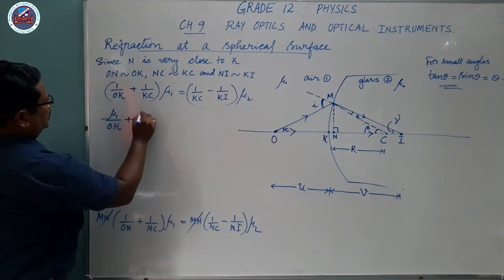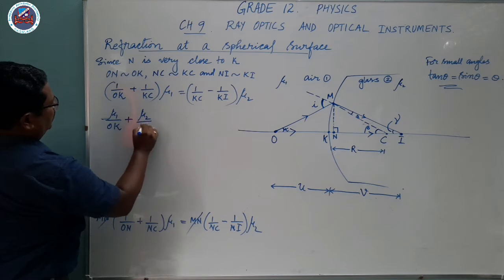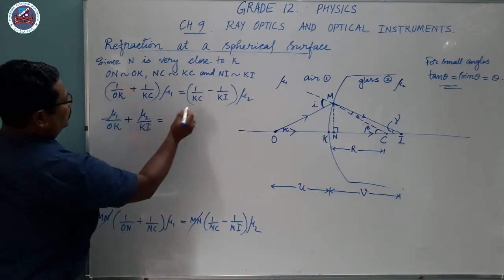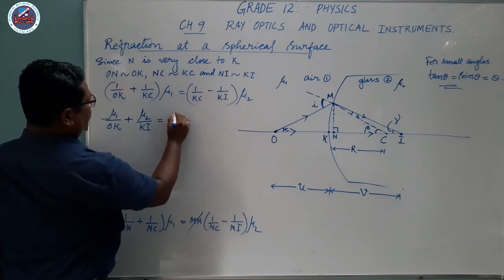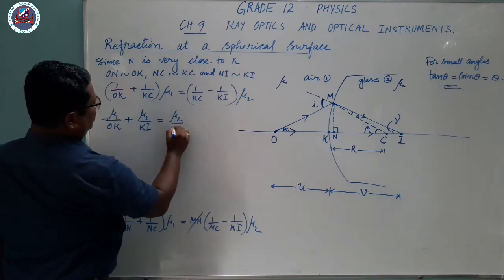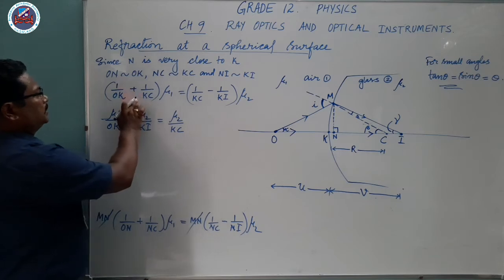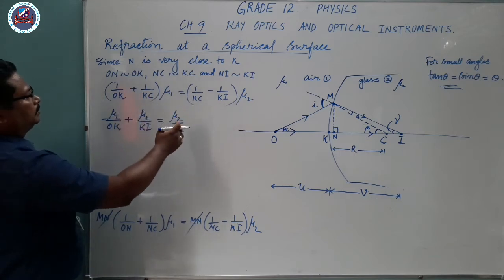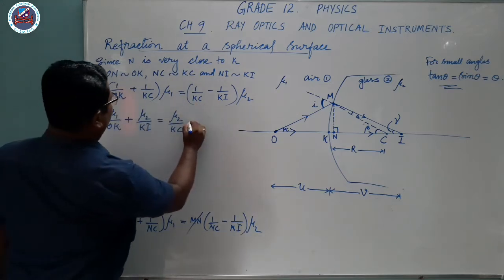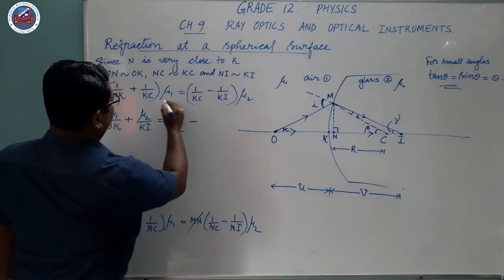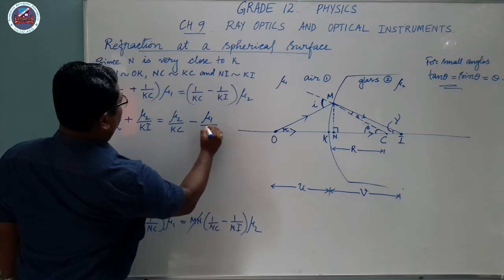Minus will become plus, mu2 by Ki is equal to mu2 by Kc, and we'll bring the other side, that is minus mu1 by Kc.